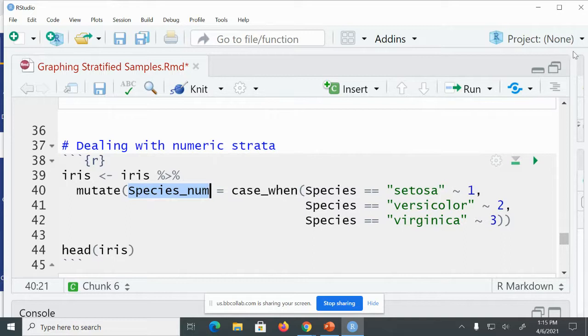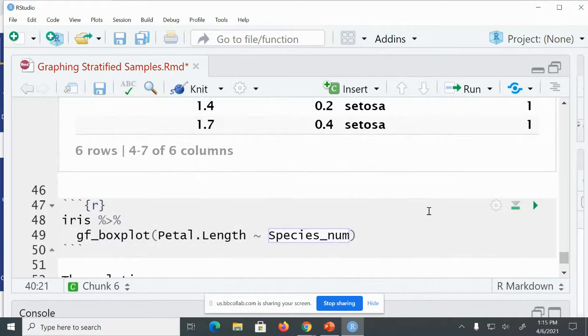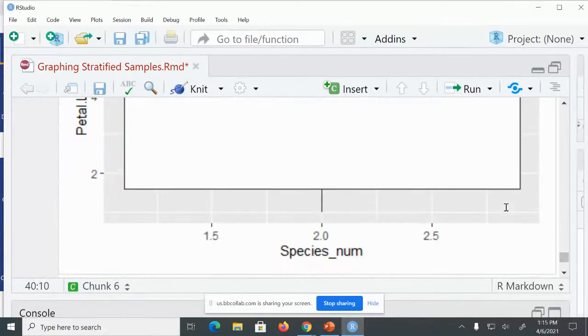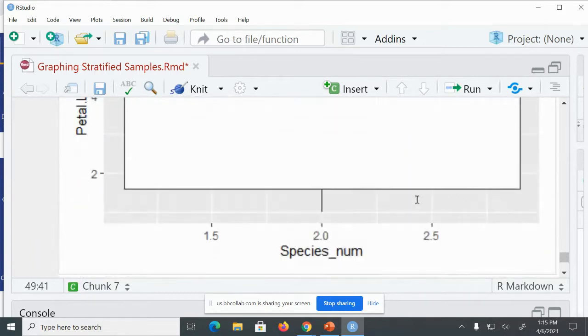So same information, but now it's encoded as a number. And this can be a problem when you try to graph it. So I used the same structure of code as what we did earlier, just with species num instead of species as my grouping variable. And it gave me one big box plot instead of 3 grouped box plots.